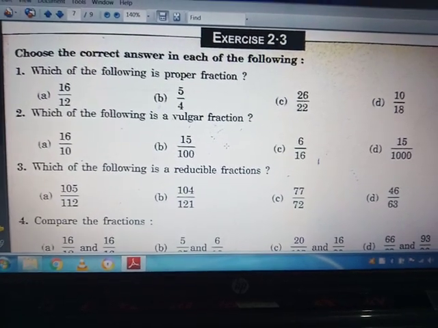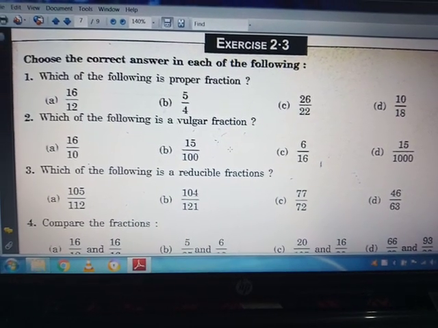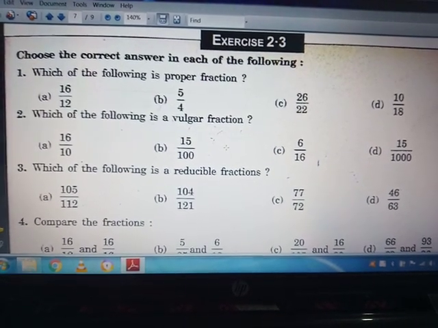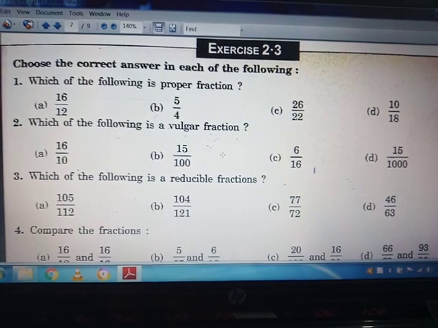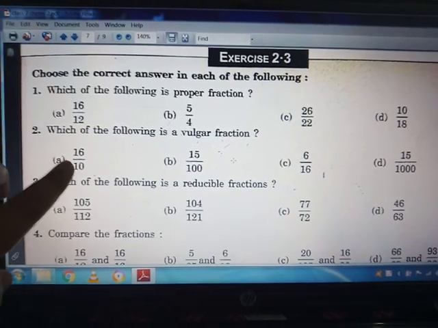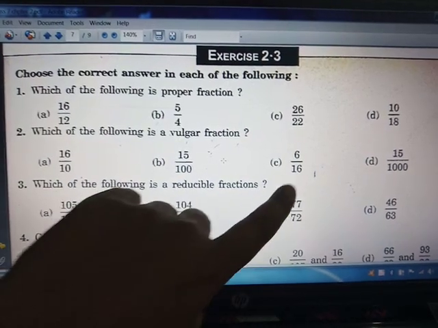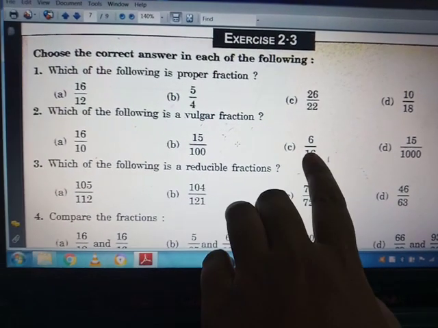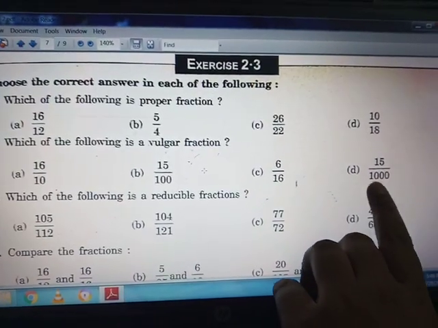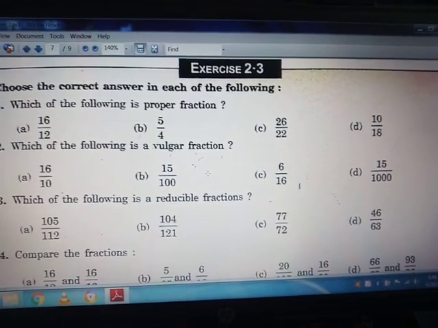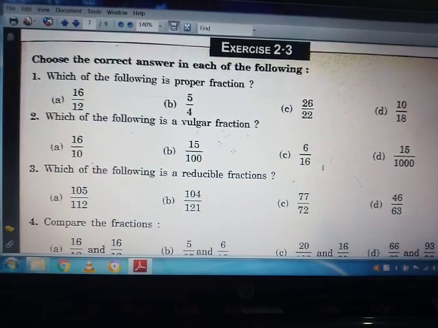Those fractions which have a denominator value of 1 and 0 are vulgar fractions. So you can see here it is also 1 and 0 in the denominator, it is also 1 and 0, here it is 1 and 6. So option number C will be your answer. Here it is also having 1 and 0. So option number C will be the right answer.